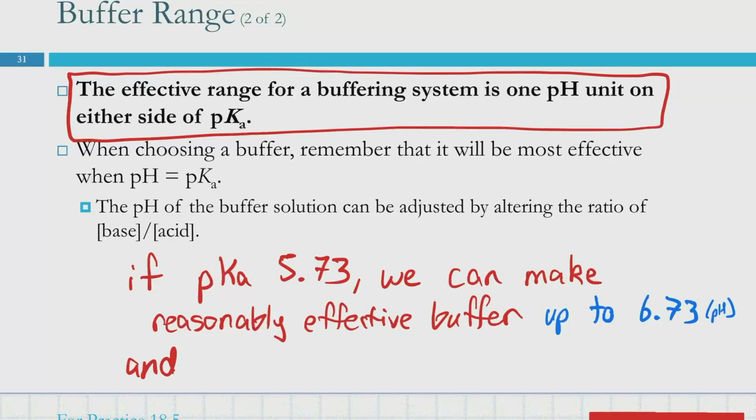And as low as, or down to, 4.73. Just as an example. So if we were trying to do a buffer that was at like 7.4, then whatever this acid is that's got the 5.73, that's not going to be a good weak acid for us to use to make that buffer for 7.4. We would just choose a different weak acid.